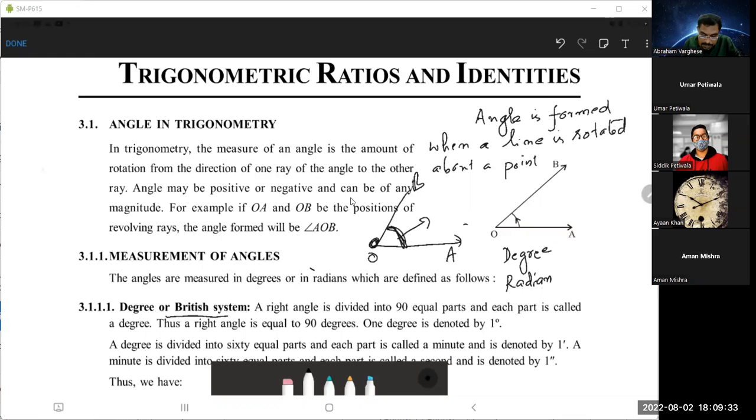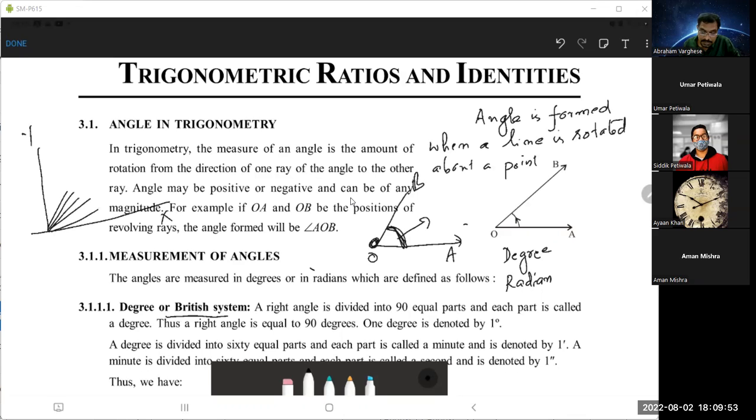So in that one, if we take a right angle, you know what is a right angle, already we know. The right angle is a 90 degree angle. So this will be divided into 90 equal parts: 1 here, 2 here, 3 here, 4 here, like this. All are equal, 90 equal parts.